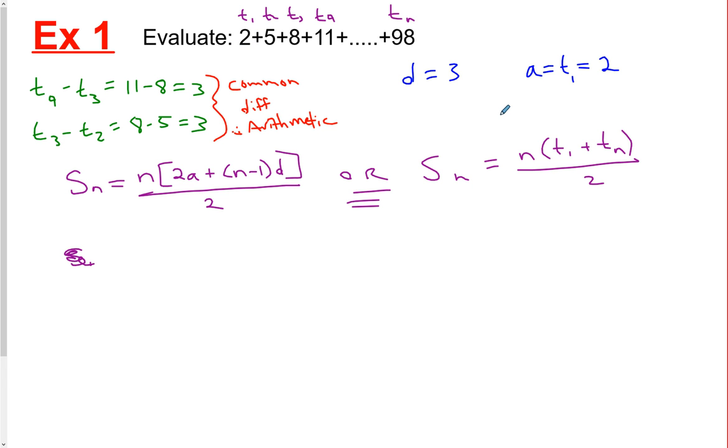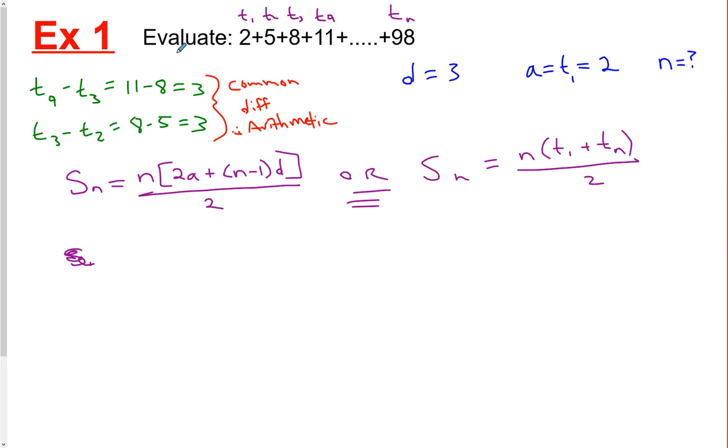So we have those two pieces. The thing that we're missing is our term number. I don't know how many terms there are in this. That 98, is it the 15th term, the 30th term, the 100th term? I don't know. I'm going to have to figure that out. So how do I figure that out?